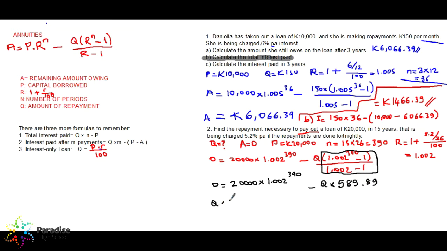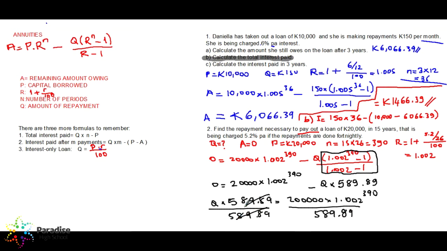So I move this number to the other side. Q times 589.89, the negative becomes positive, is equal to 20,000 times 1.002 to the power of 390. Both sides divided by 589.89. So we can simplify that.